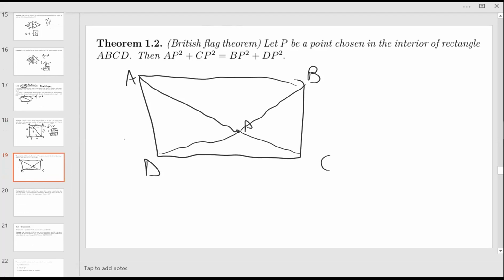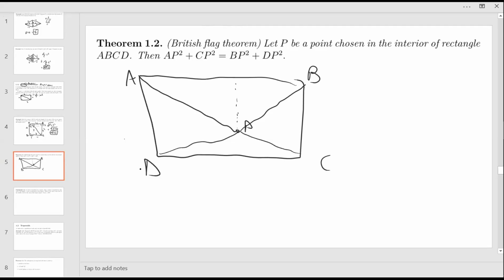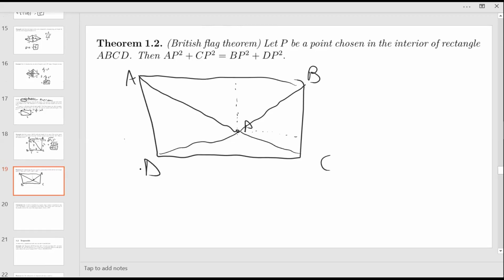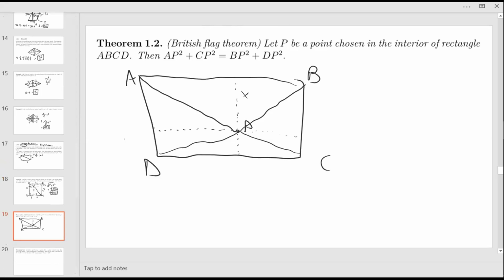So when you see the squares of these side lengths, you should immediately think of the Pythagorean theorem. So let's see how we can get some right triangles here. Let's draw the perpendicular from P to each of the sides, like so. And let's call these distances X, Y, C, and W. So now we can get some equations.